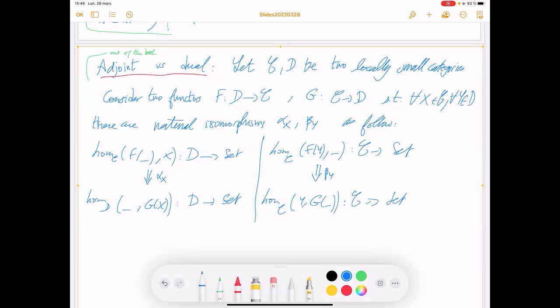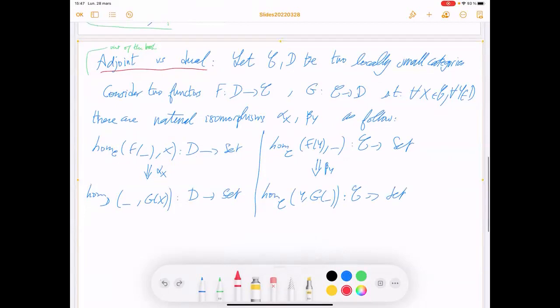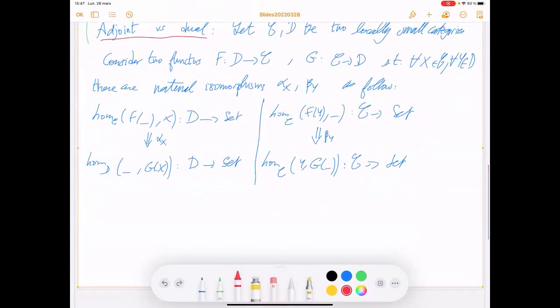So you have this natural isomorphism. So you see, it's like you are moving this here, or you are moving this here, exactly as when you define the notion of adjoint of a matrix. And the Hom set here plays the role of inner product.